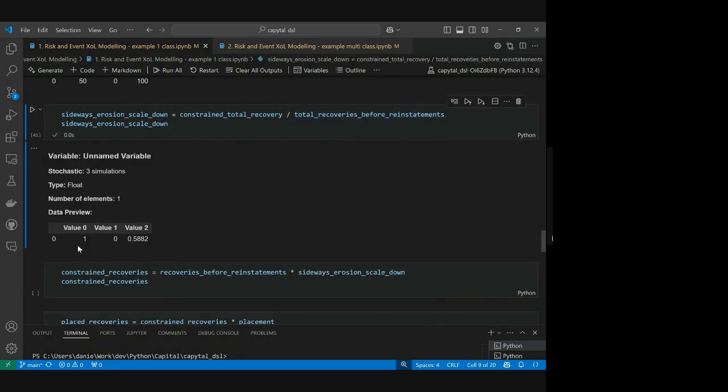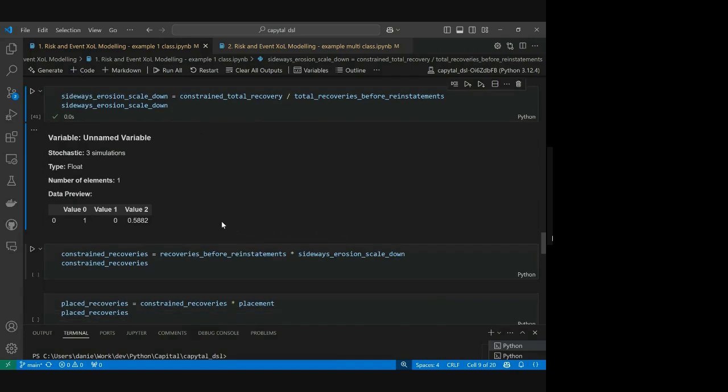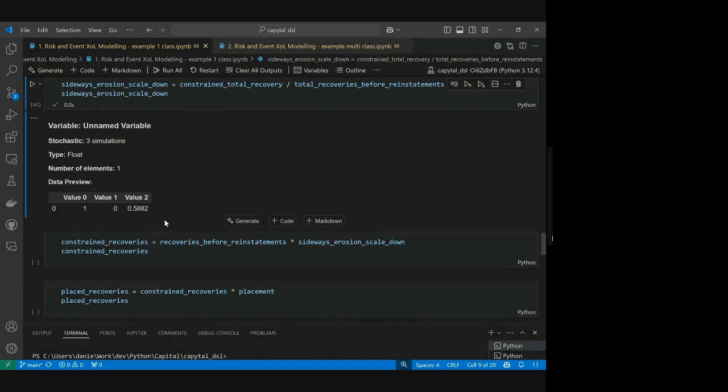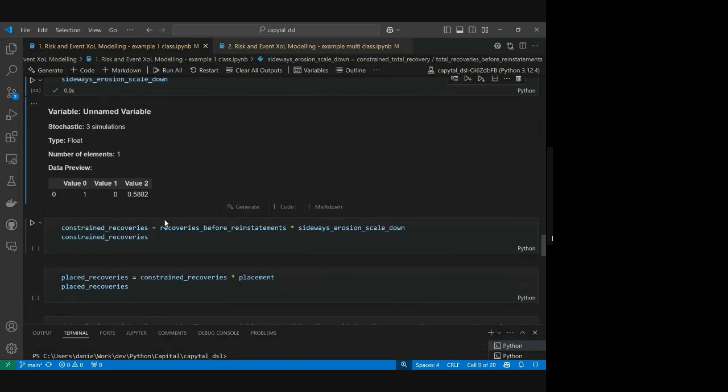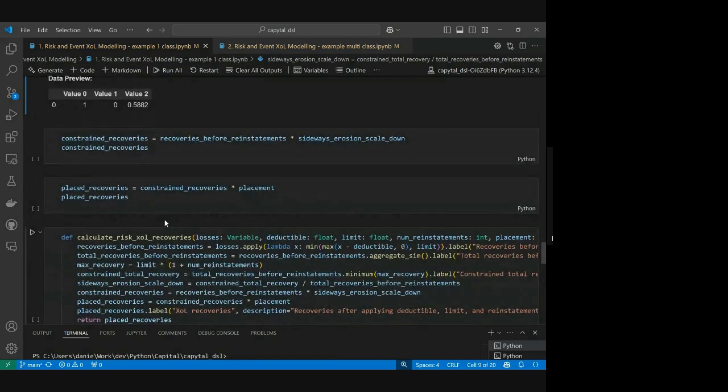So here, just a scale factor of 1 for the first simulation because there was no exhaustion. But here we've got a near 60% scaling. And now we can apply that scale factor to all of the recoveries so that they will, in aggregate, not exceed the total available limit.